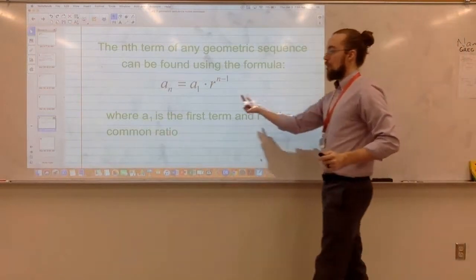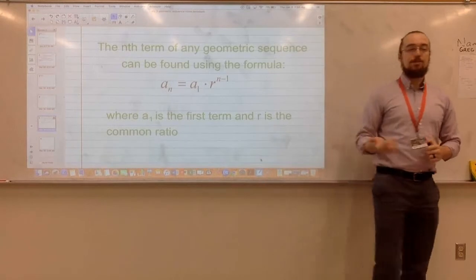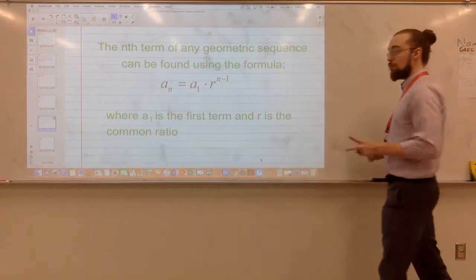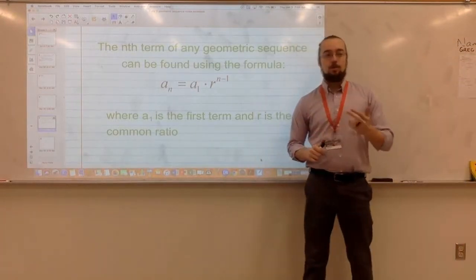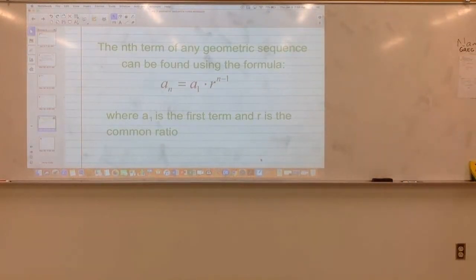Where a sub 1 is the first term in the sequence, and r is the common ratio. Common ratio is just the number that we're multiplying by every time. So those are the only 2 pieces of information I need to write this rule. I need the first term and the common ratio.